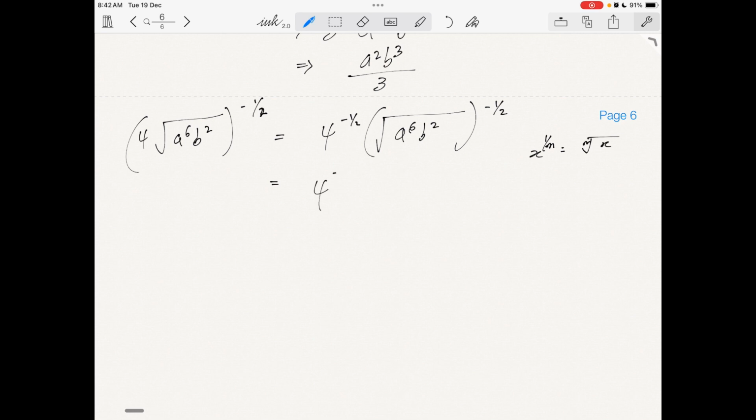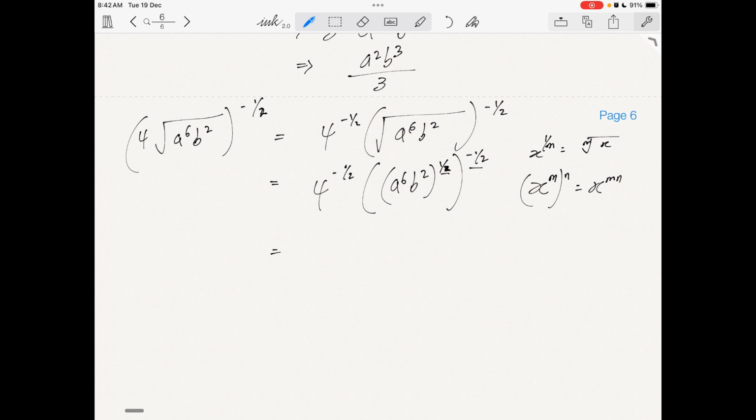So this will give me 4 raised to power minus half, and then into the square root, we will have a raised to power 6 b squared, all to the power of 1 over 2, then again all to the power of minus 1 over 2. Now we have to apply our power rule again: x raised to power n, raised to power m, is equal to x raised to power nm, so we have to multiply these two out.